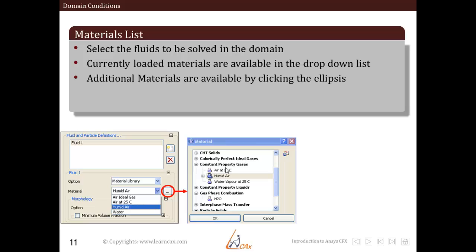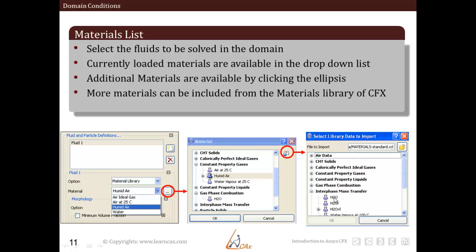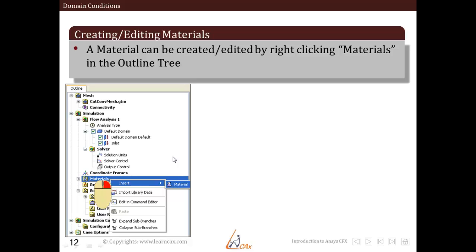Additional materials can be available by clicking on these ellipses, and this is where we can select library data to be imported into the materials. So we have different types of materials that can be selected through library data of CFX, and that can be imported into the current modeling environment and selected after importing. So this is the way we select different materials.